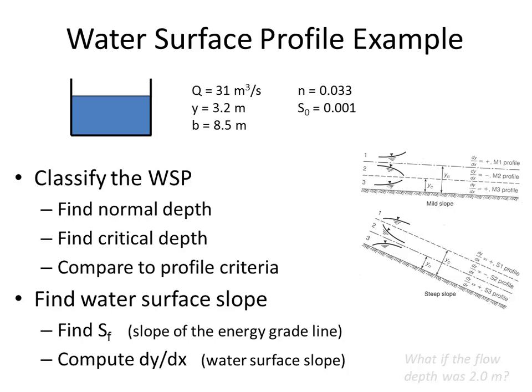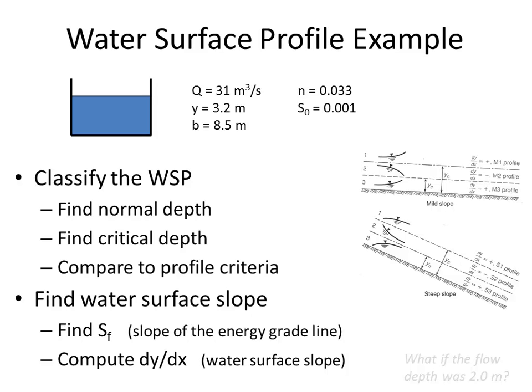So you'll put in the known value of n, 0.033. You'll put in the known slope that's provided, 0.001. We're going to have to start off by just guessing some normal depth. Maybe the normal depth is 2 meters as a guess. Then you're going to have Q as a function, so you'll type in Manning's equation in terms of this y.